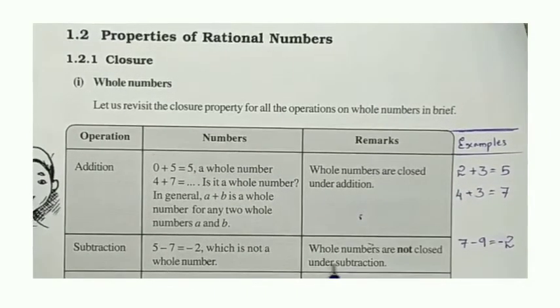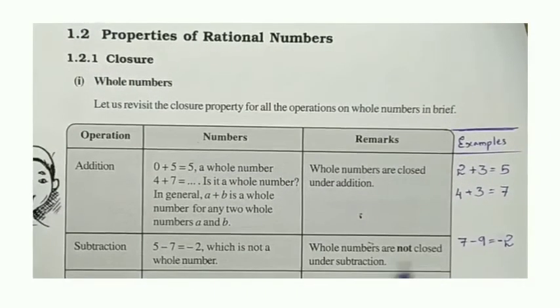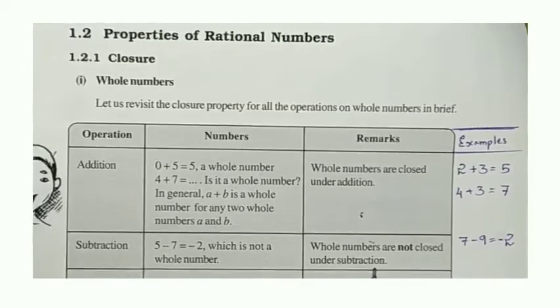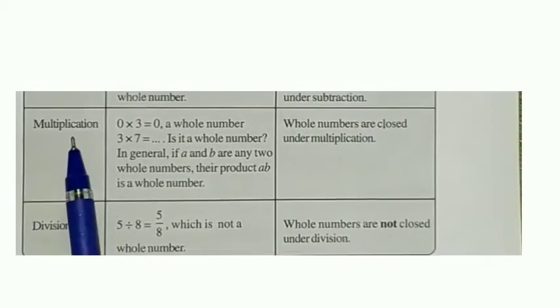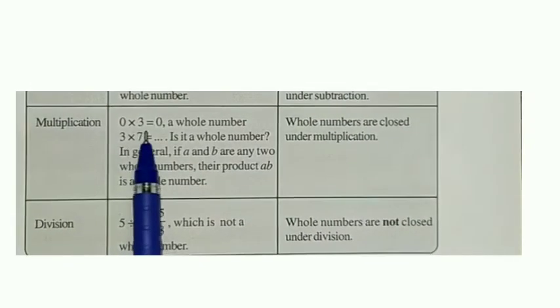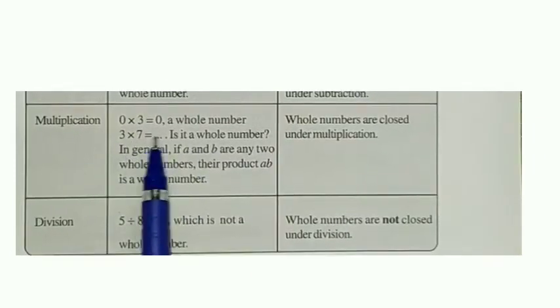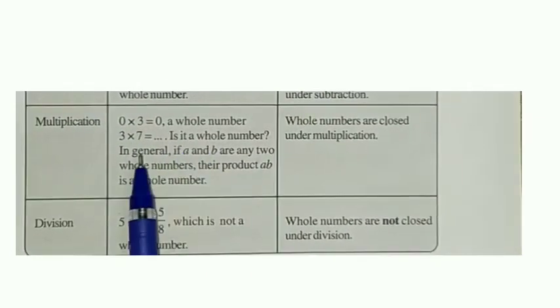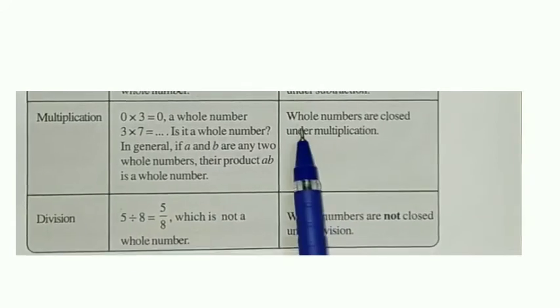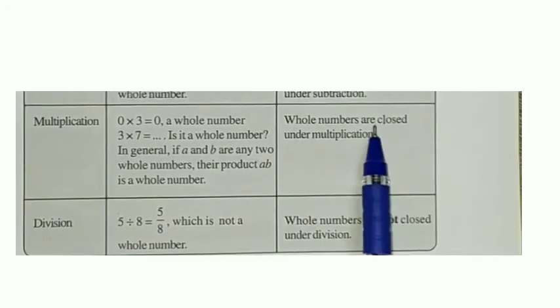That's why whole numbers are not closed under subtraction. Next, multiplication. Whenever you multiply any two whole numbers, definitely you will get a whole number. That's why whole numbers are closed under multiplication.